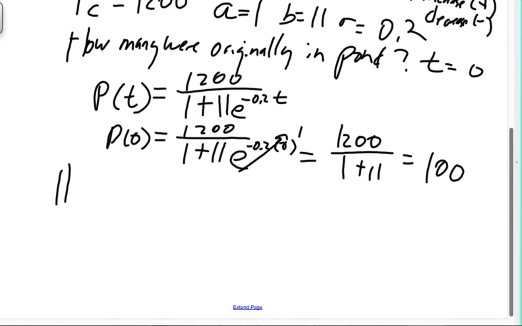I want to figure out how many there are after 20 years.